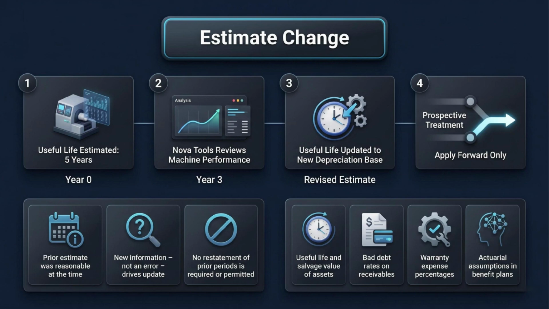When new information changes a reasonable estimate, we do not rewrite history. We update the accounting from the current period forward. That is why estimate changes are normally prospective. The old estimate may have been perfectly reasonable when made. The accounting simply improves as better evidence becomes available. In accounting, being wrong because the future changed is not the same as being wrong because the past was mishandled.